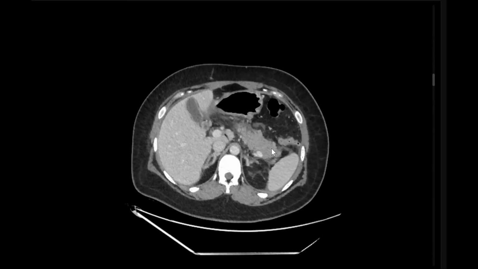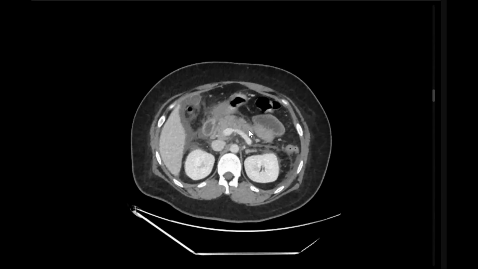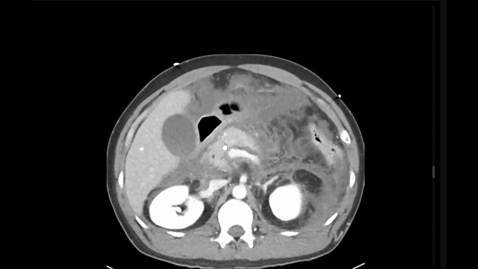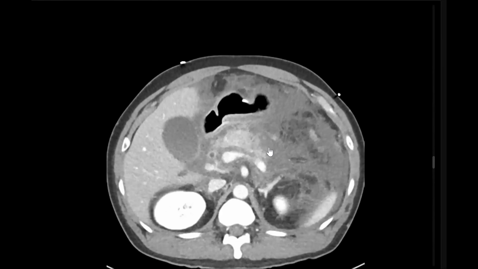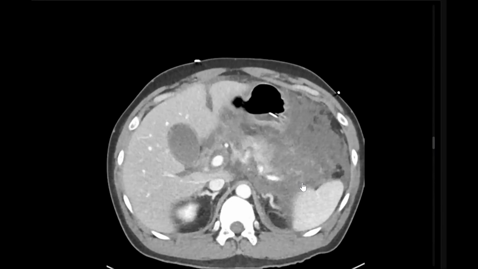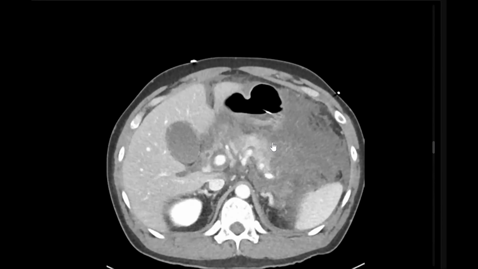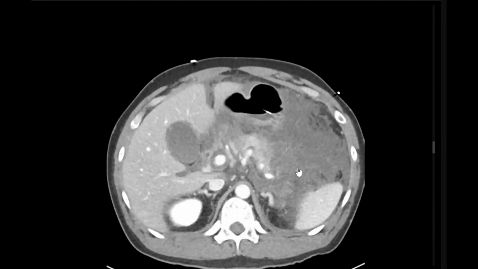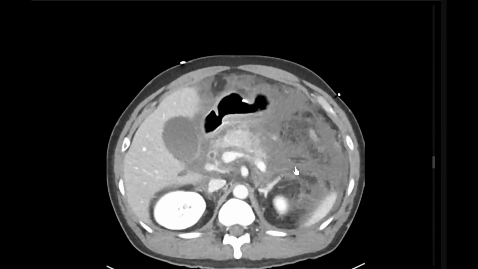A very important point to be mentioned early in the description, so you will not forget about it. Here in this case, the head is normally enhancing, and part of the body and the remaining part of the body until the tail are non-enhancing. Instead, we have a fluid collection in its expected location. Non-enhancing part of the pancreas is necrotic pancreatitis.